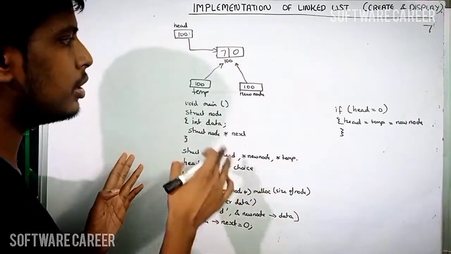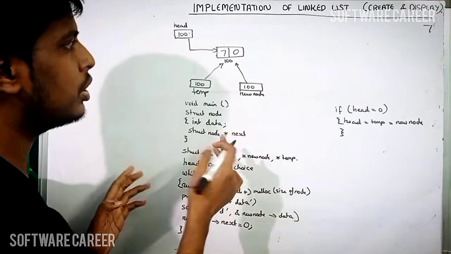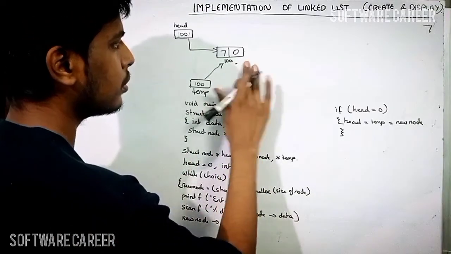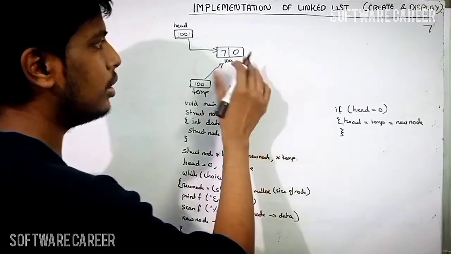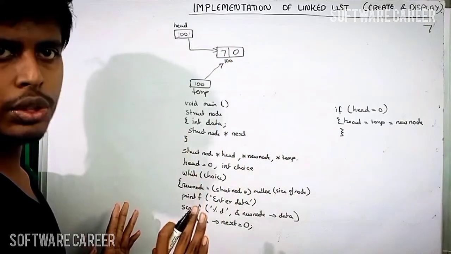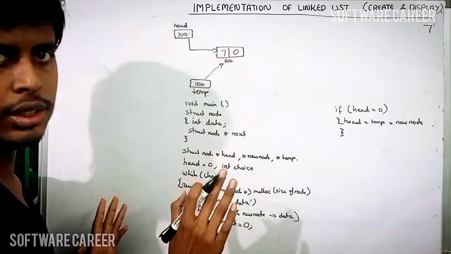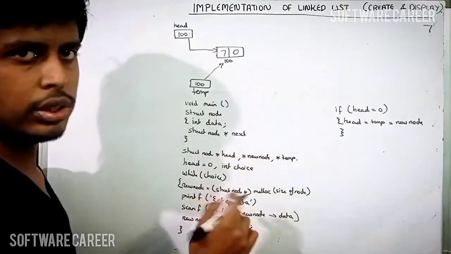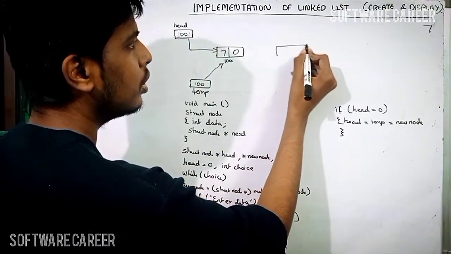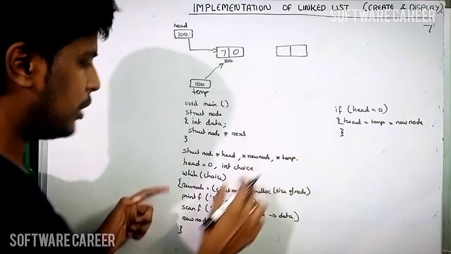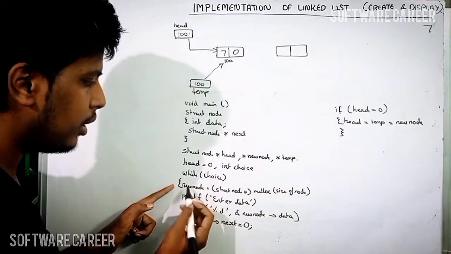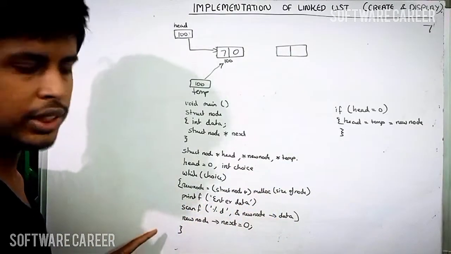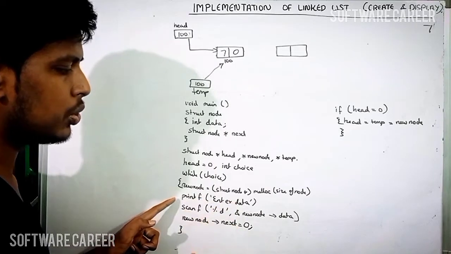Now suppose the linked list is not empty, then what should you do? See, now suppose in this case you have created one node and it is present. Now you want to create one more node. See, now again it goes back and creates a new node by using the malloc function, and it asks the user to store the data.